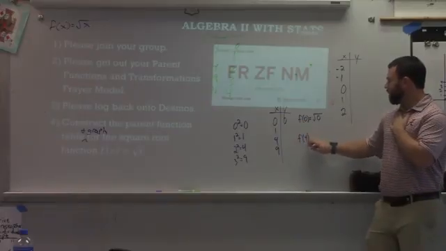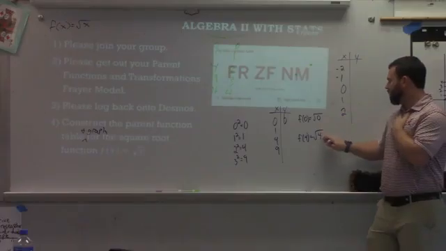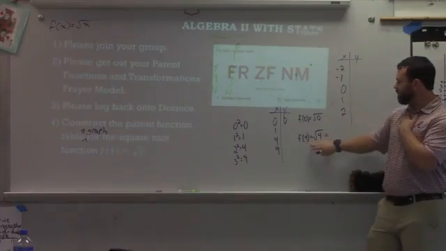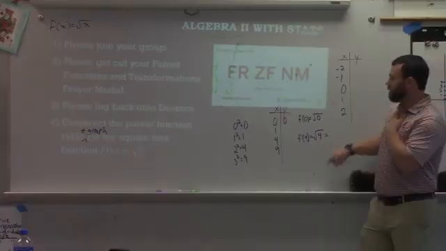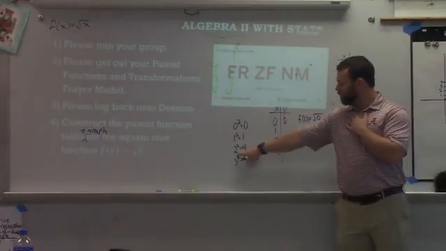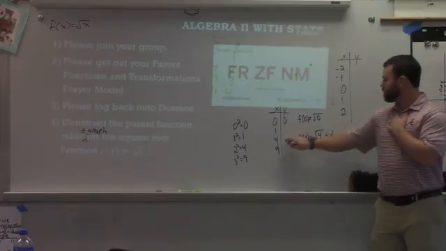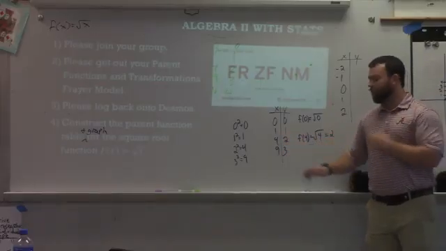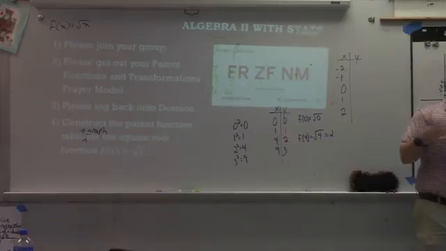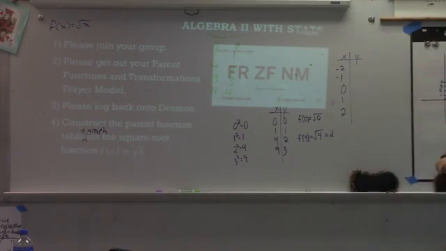I'm going to jump to f of 4. Square root of 4. Notice I'm just putting inputs in, and then I'm going to get an output out. What was the square root of 4? 2. Right? We're just taking the square root, and so I'm showing that using my function notation. 0, 0, 1, 1, 4, 2, 9, 3, 16, 4.